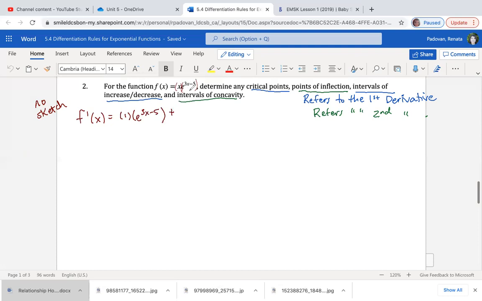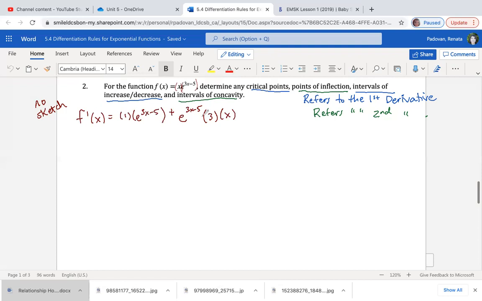When you have e to the exponent of something, the derivative is to continue writing e to the exponent, but then you need to take the derivative of the exponent. So that would just be 3, multiplied by the first part, which is just x. Keep in mind that that x is coming from the first part.